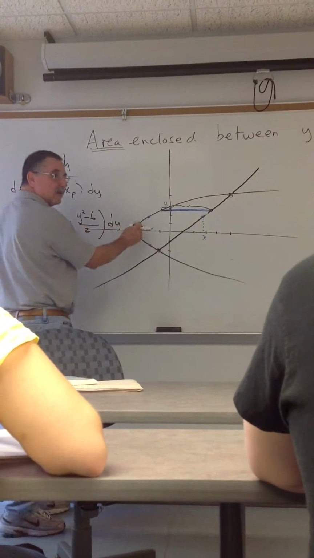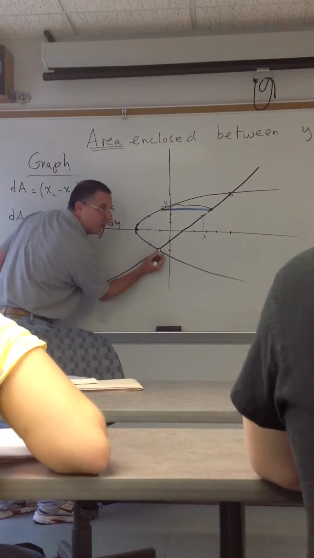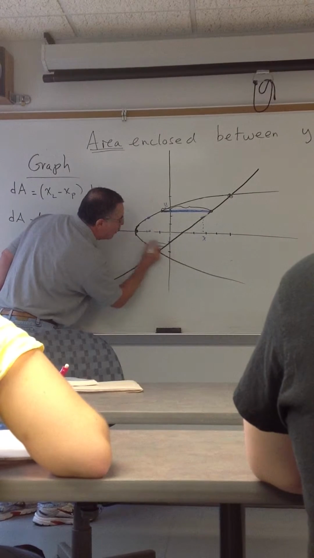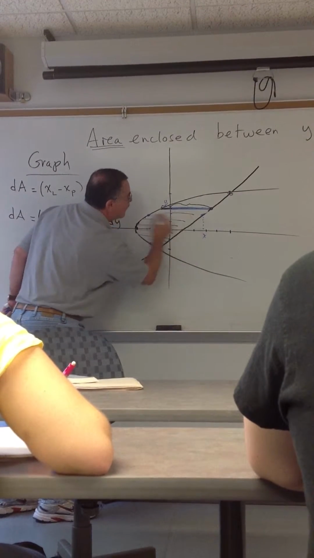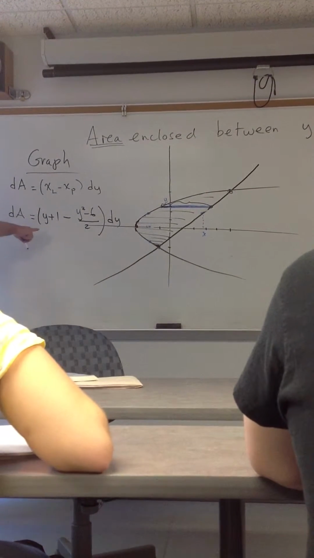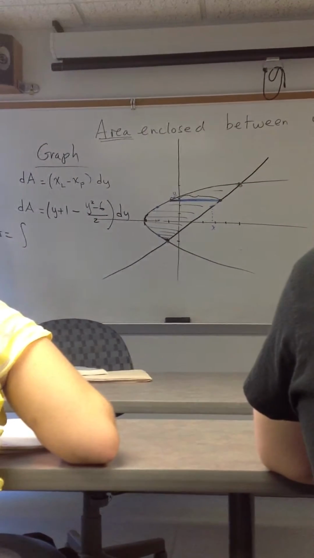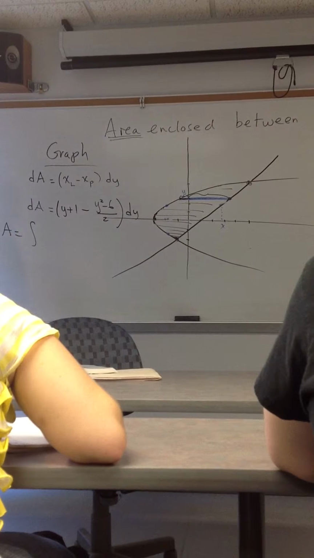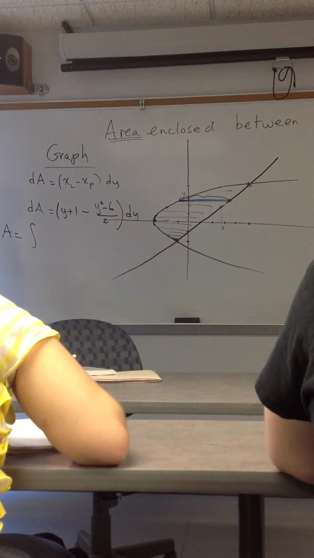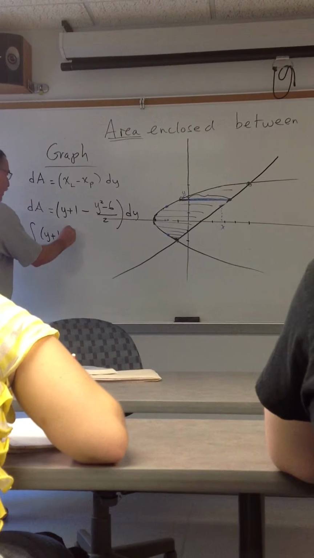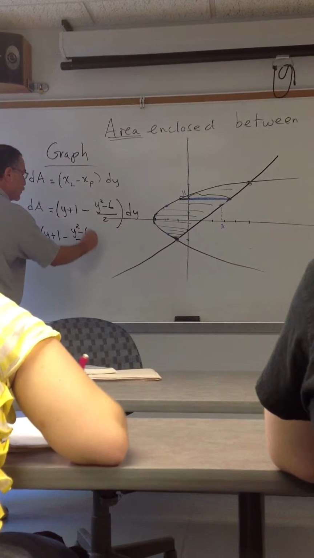Now, this region is made up of infinitely many of these horizontal slices. The first one is going to be right here, and I'm going to be adding over all these horizontal slices. I found the area of the typical one, so to find the total area, all I have to do is add over all the areas. Add infinitely many things, that means integrate. The typical slice has (y plus 1 minus (y squared minus 6) over 2) dy.